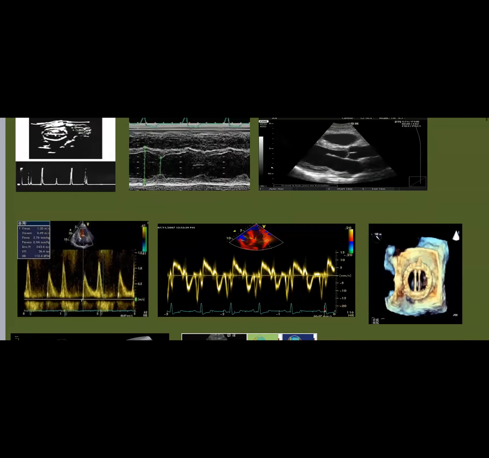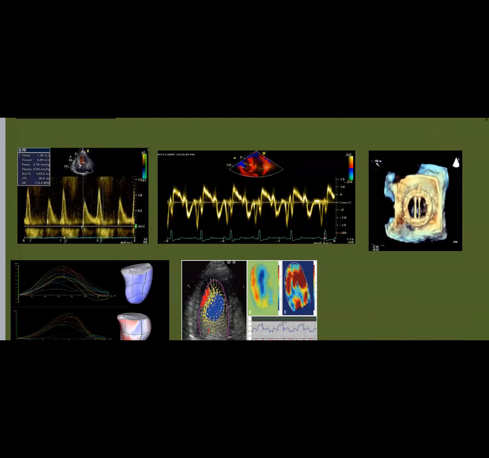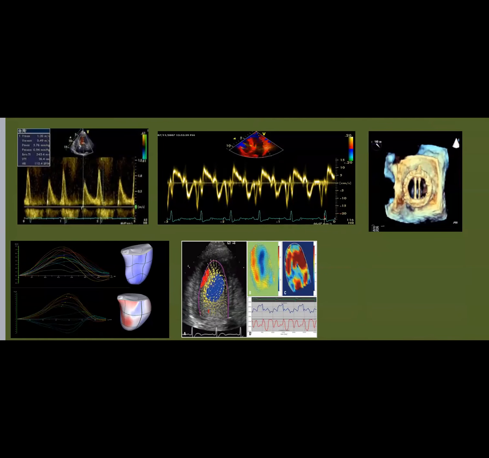And of course, you have seen this one. We started with M mode, then 2D, then Doppler. Now we have 3D, and we have strain. And sooner we are going to get the vortex. The last part is the vortex.